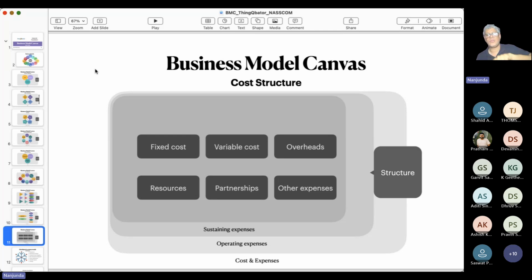What I would like you to do is take up this thing. You need to broadly look at what are the broad costs and expenses, break it down into operating expenses, what are the sustained expenses, as in at a regular level. I mean, what is the fixed cost, what's the variable cost, what are the overheads, and what can be transferred to your partners, how you can manage effectively with your resources.